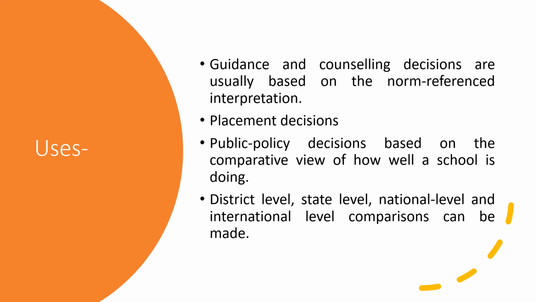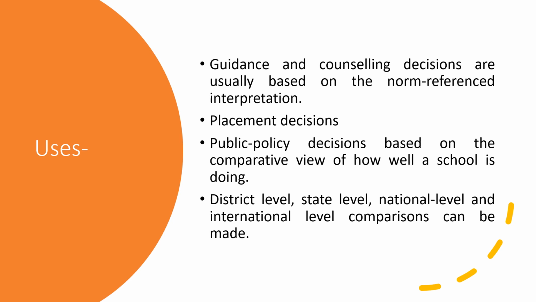Public policy decisions are based on the comparative view of how well a school is doing. We can take public policy decisions at the district level, at the state level, and at the national level. Which district is doing well? Which school is doing well?